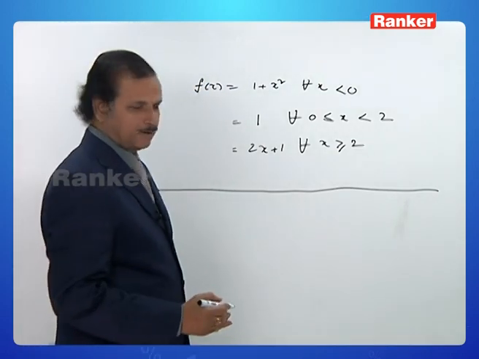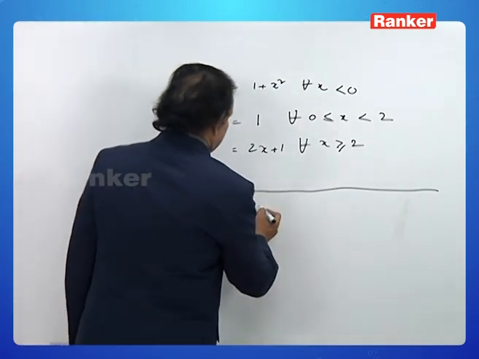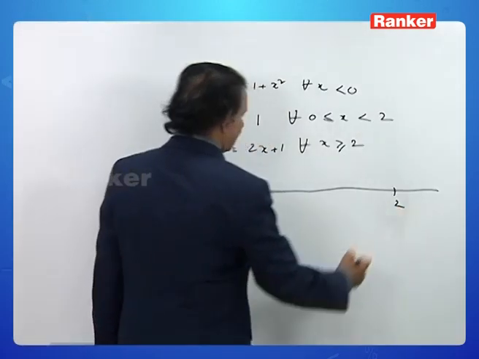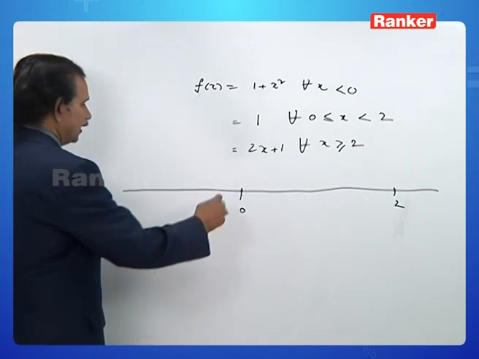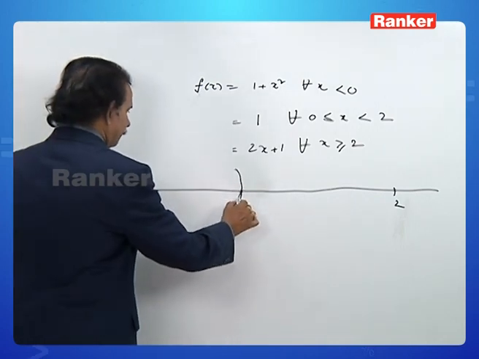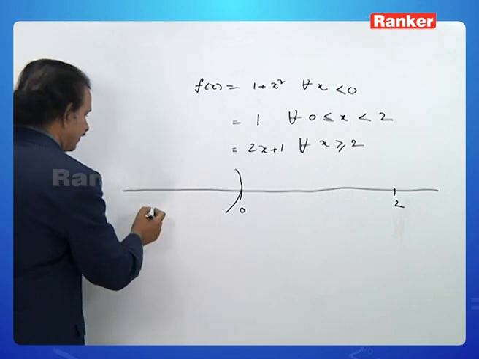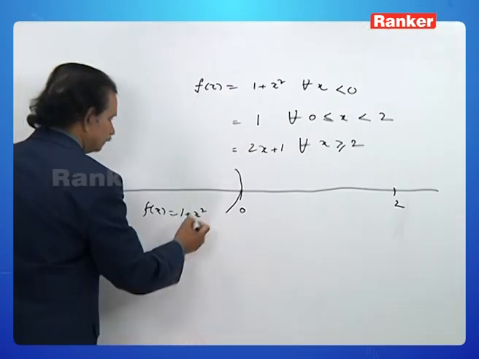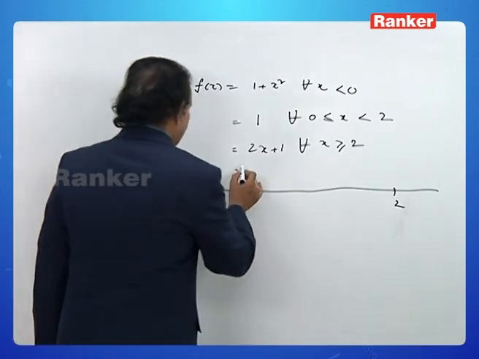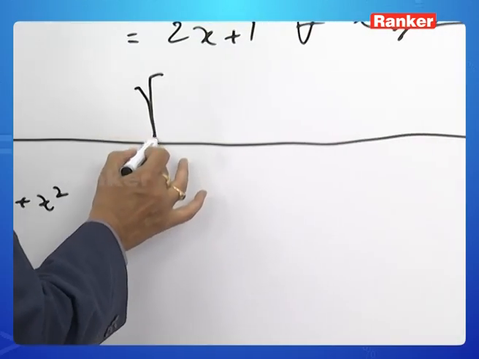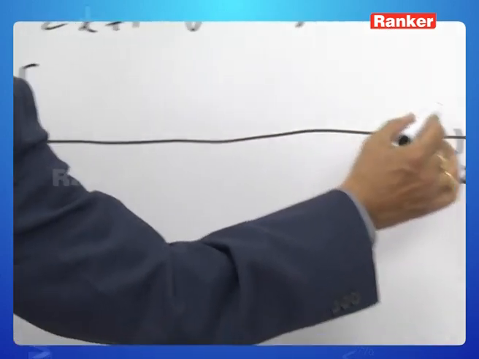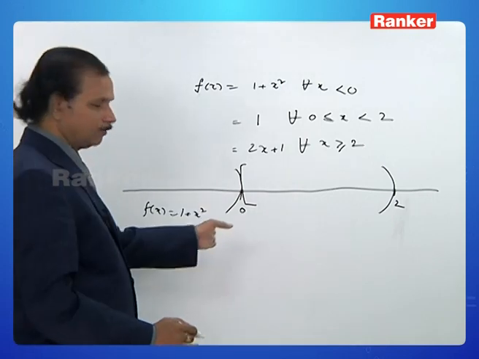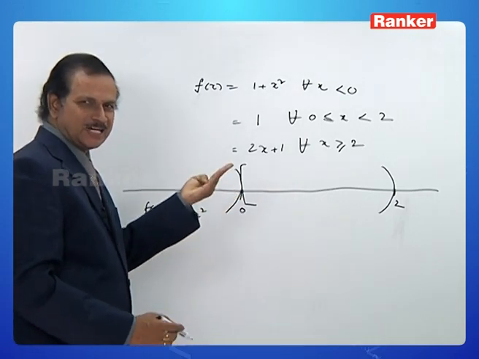Or pictorial explanation. This is 0. Consider. In this region, f of x is equal to 1 plus x square, including 0 up to 2, including 0 and up to the region less than 2.